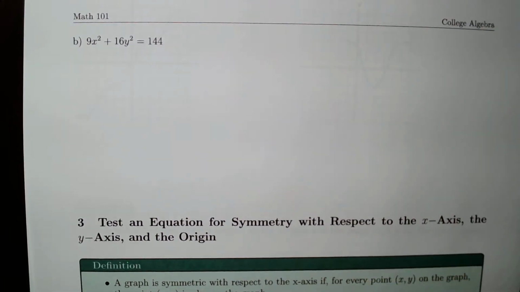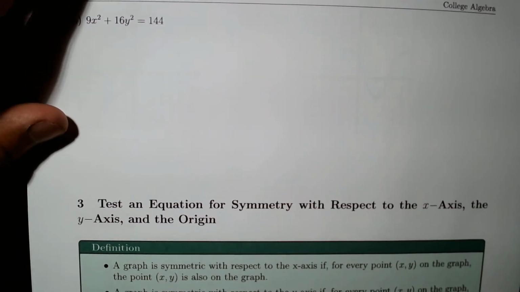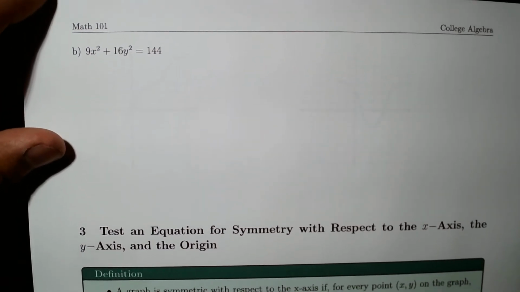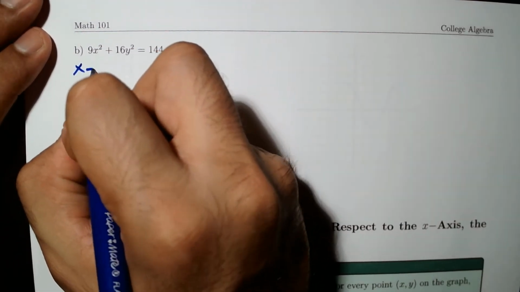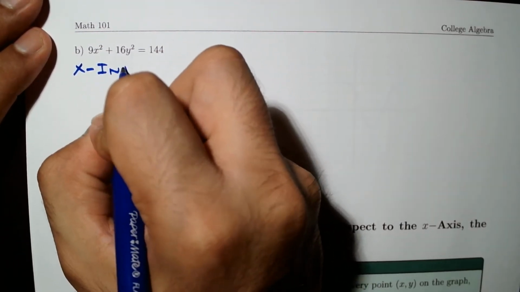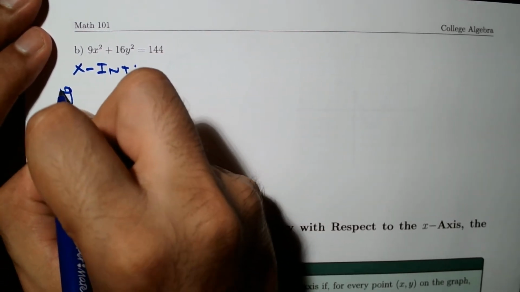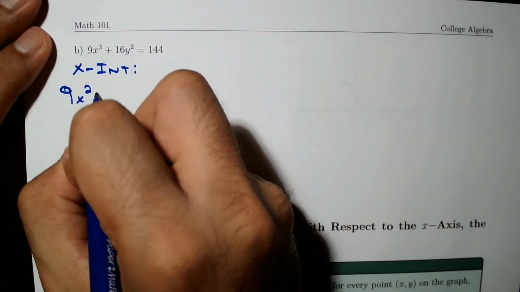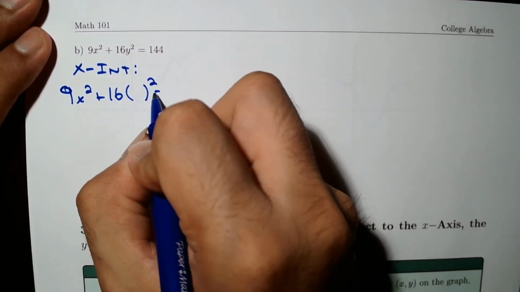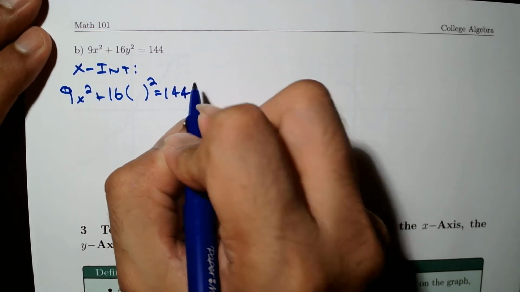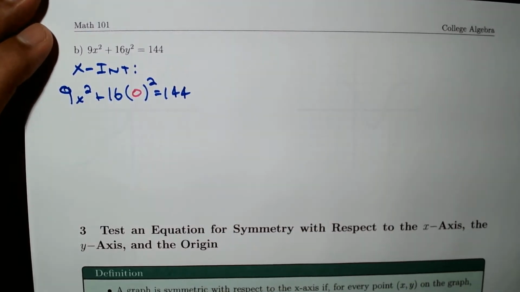Alright, so we have 9x squared plus 16y squared equals 144. Alright, so let's find the x-intercepts. Okay, so to get the x-intercepts, we let y equal 0 and we solve the equation for x.